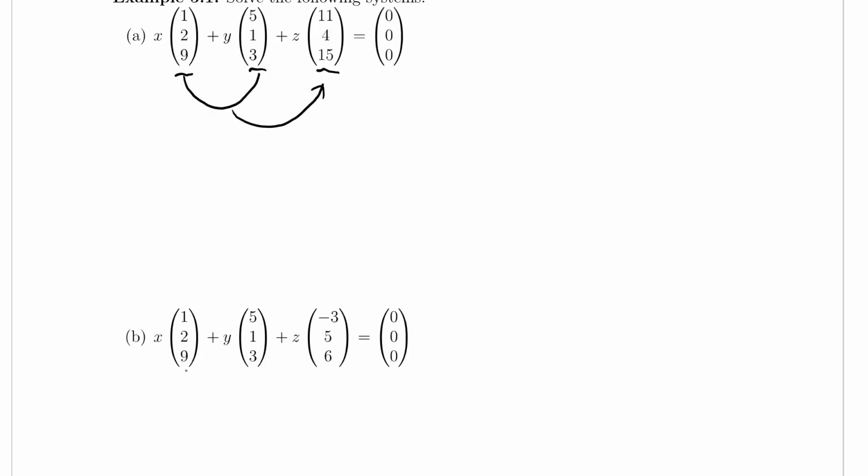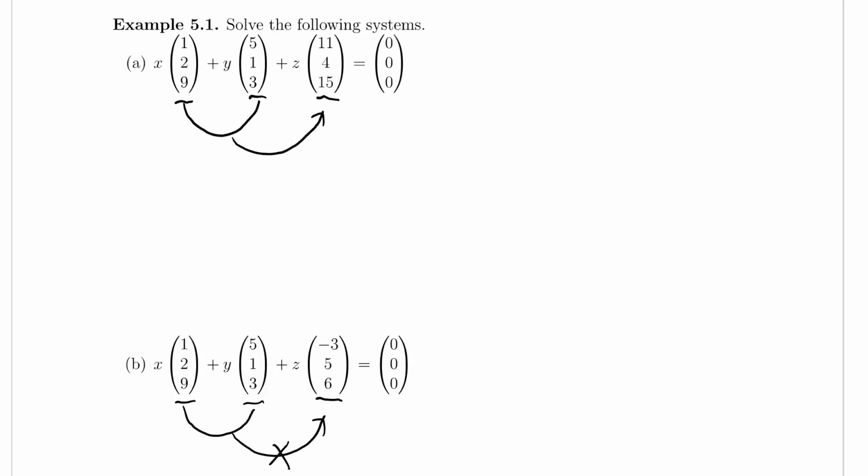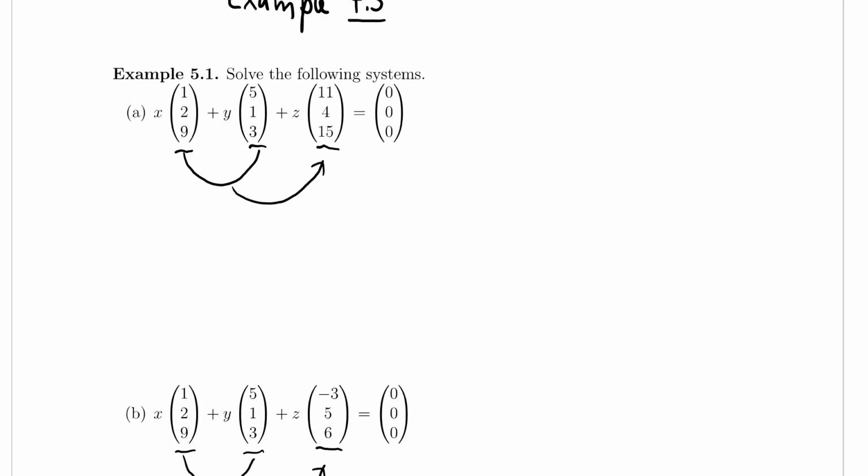And in the other one, the vector negative 3, 5, 6 is not a linear combination of these two vectors. So let's see what will happen when I try to solve this vector equation: x times this vector plus y times this vector plus c times this vector equal to 0.